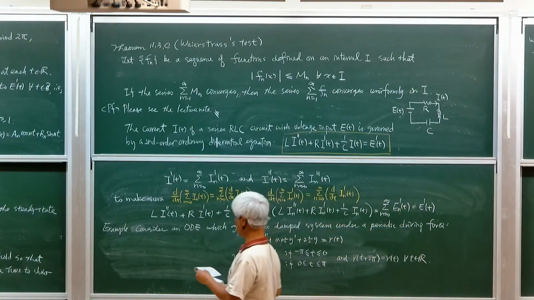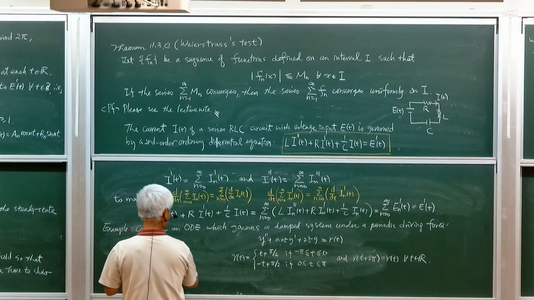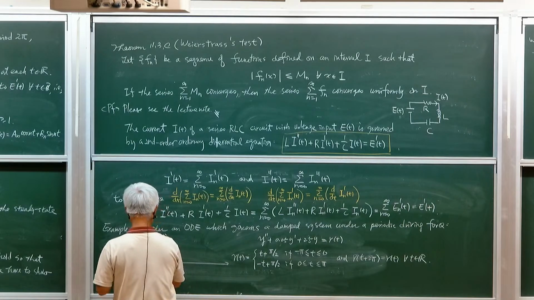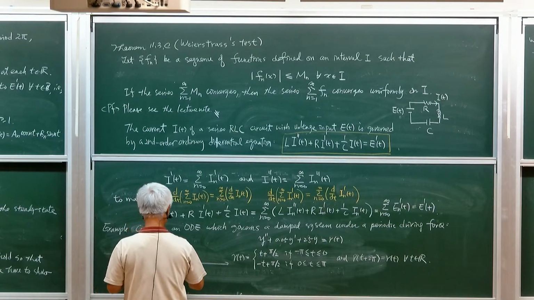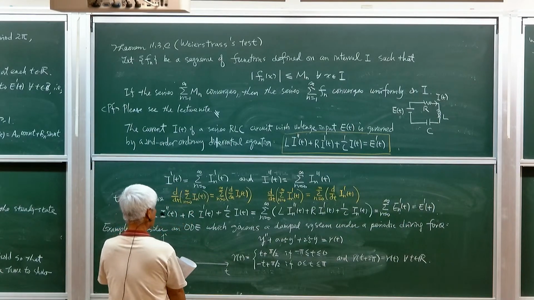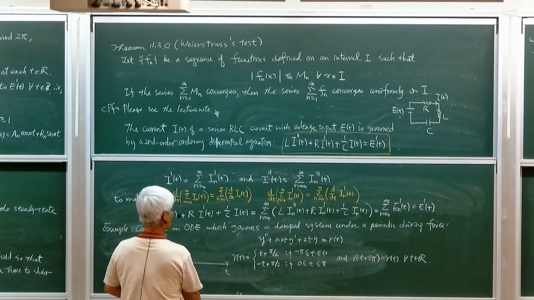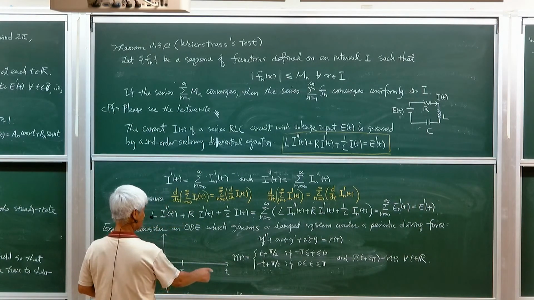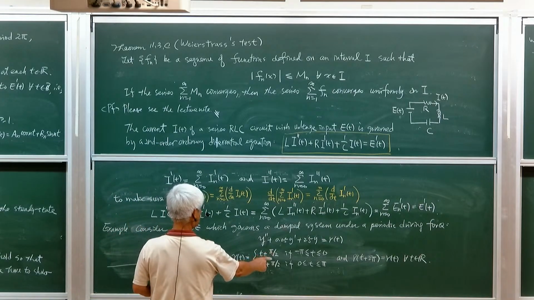Okay, so let me draw the picture here. So now minus pi, this is pi, and this is T. All right, and so for here, we raise to pi.